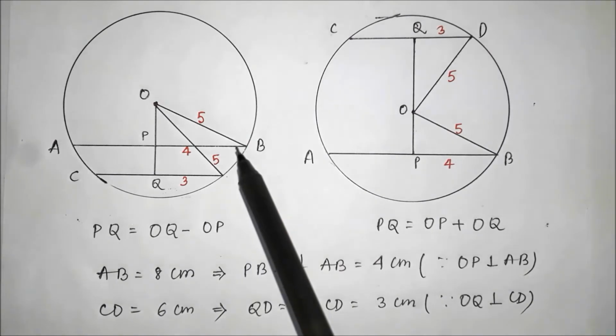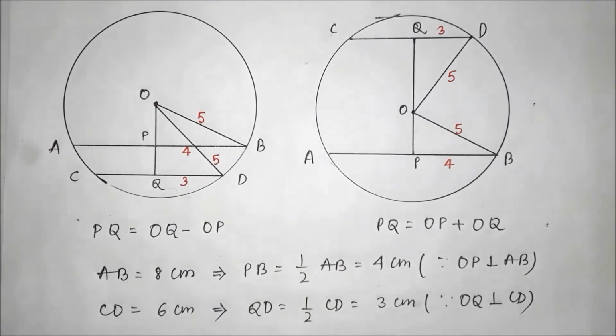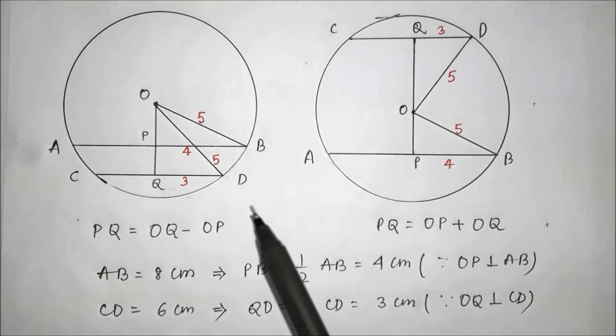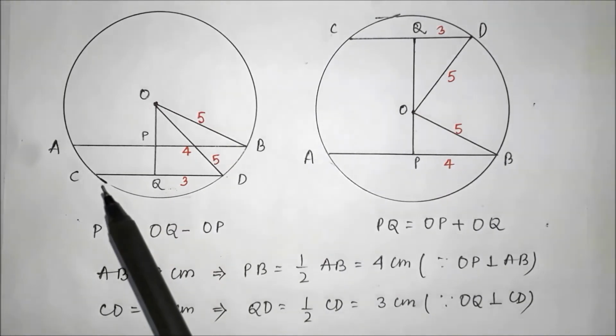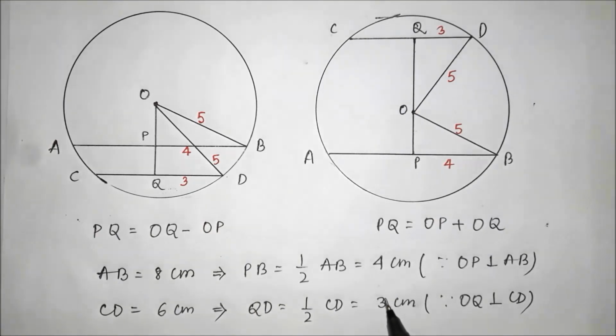So PB equals half of AB. If you are using theorem 1, which says that a line perpendicular to the chord bisects the chord, then PB equals 4 centimeter in both the cases, and QD equals 1 by 2 CD, that is 3 centimeter.